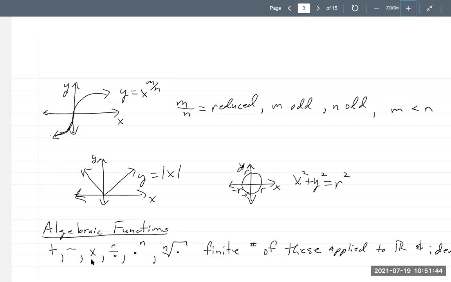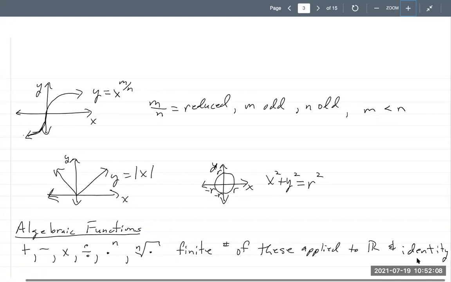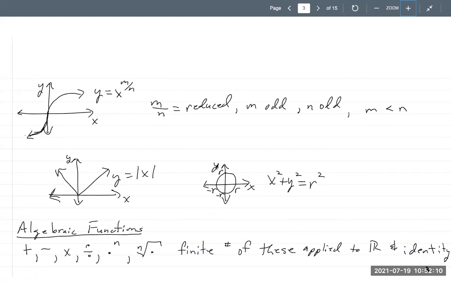An algebraic function: if you take some constants, so numbers, and you take a variable, and you add, subtract, multiply, divide, take a power, take a root, doing this a finite number of times to these real constants and the identity function, then you get what we call an algebraic function.